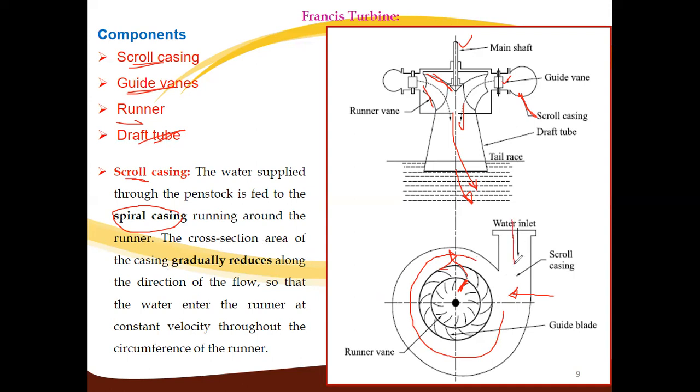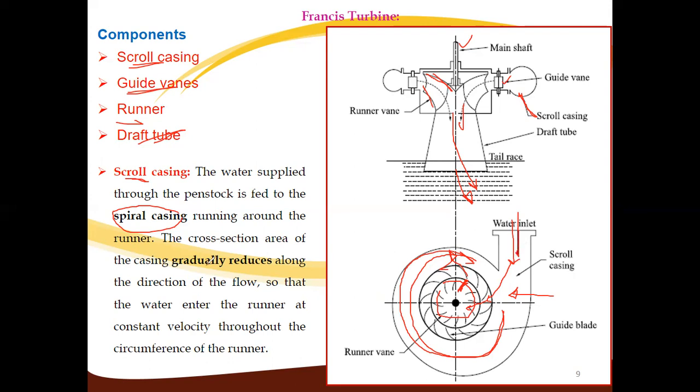Water enters from this side, and the cross-sectional area gradually decreases along the direction of flow. The water flows inside through these guide vanes and impacts the runner blades, and because of this, the rotor rotates because of the pressure energy of this water.